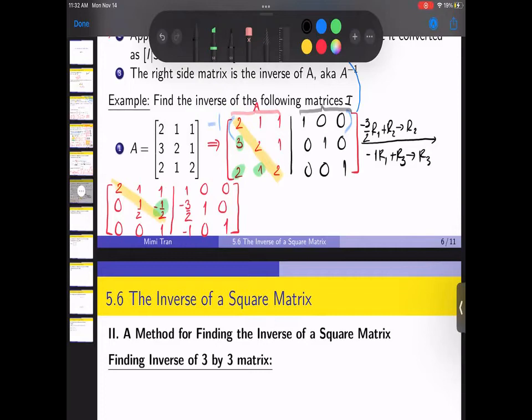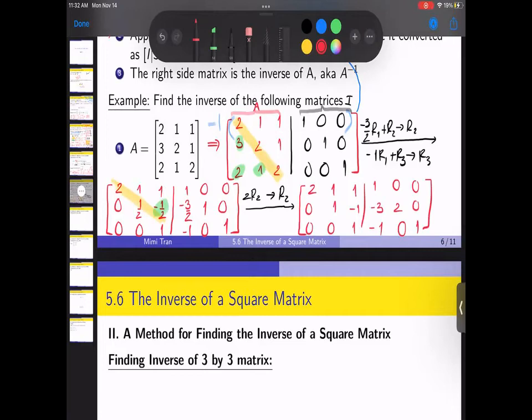Is that okay? Just try to avoid fractions, that's all. So 2R2 gives me the new R2. Everything else stays the same. 2, 1, 1, vertical line, 1, 0, 0, and then 0 here. 2 times 1/2 is 1, -1, -3, 2, 0. Rewrite the last one as well.